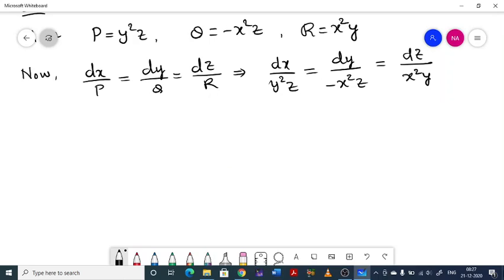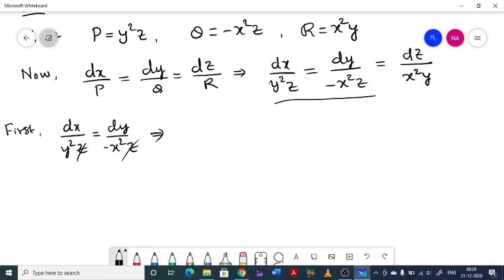Okay, next step. So first let us try to consider this pair. If you consider this pair, z gets cancelled, x square dx you will get on one side, y square dy you get on the other side. So first dx by y square z equal to dy by minus x square z implies z gets cancelled.